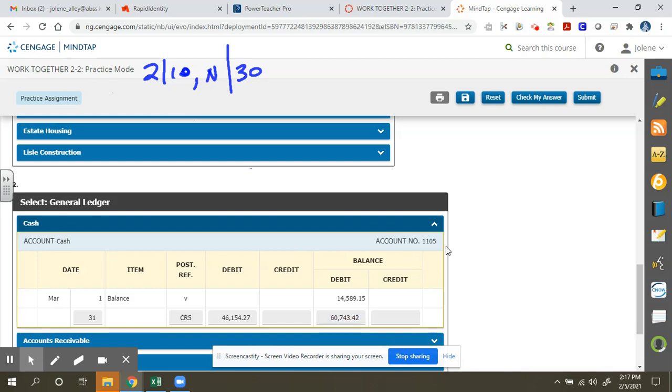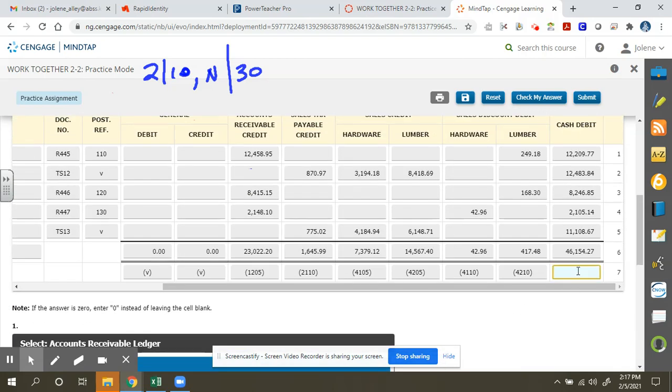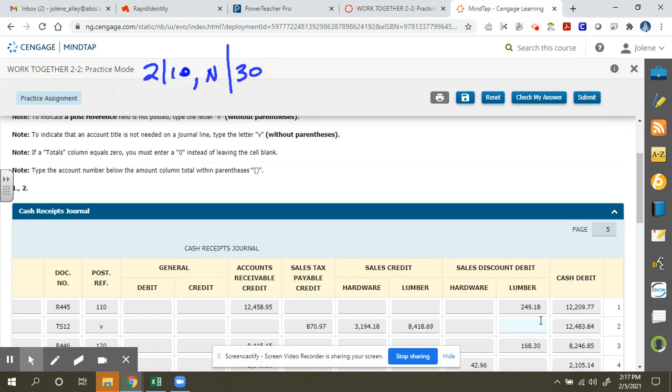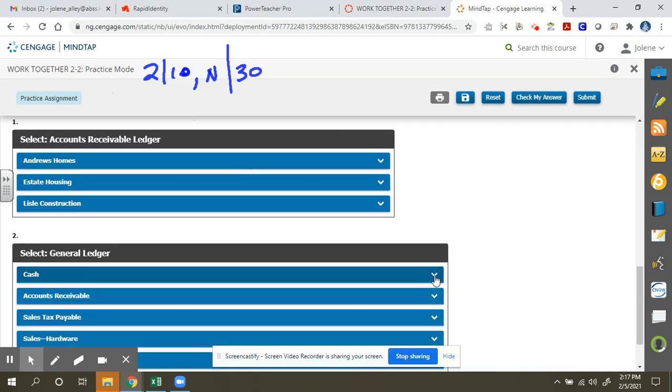Now, I got to take the account number, 1105, here, parentheses, 1105, close parentheses. All right, we're done. That's the end of that.